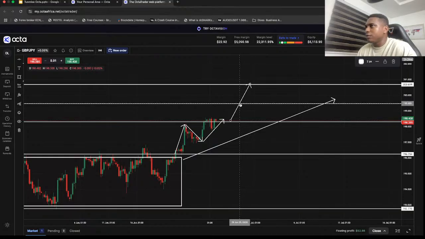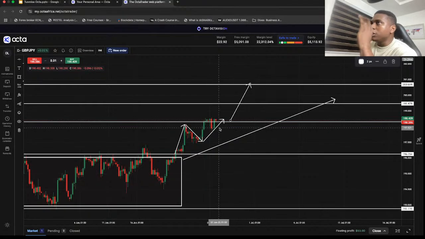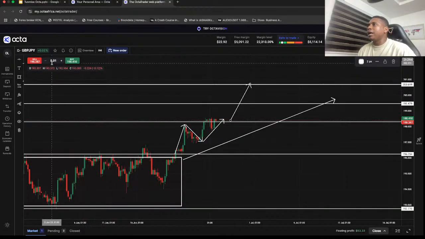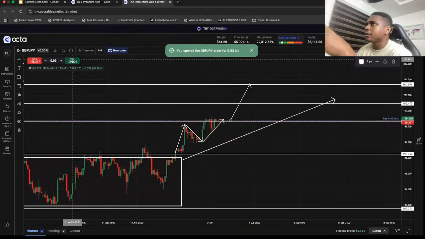So first take profit level, second take profit level. So GBP/JPY, from this analysis, is giving a buy outlook. So for GBP/JPY, we are looking to buy. Okay, and here right now we are going to take a buy on GBP/JPY. I'm buying GBP/JPY on this price.